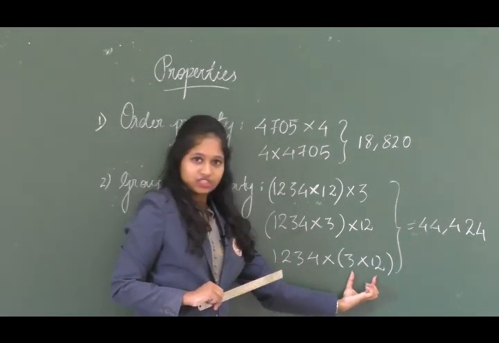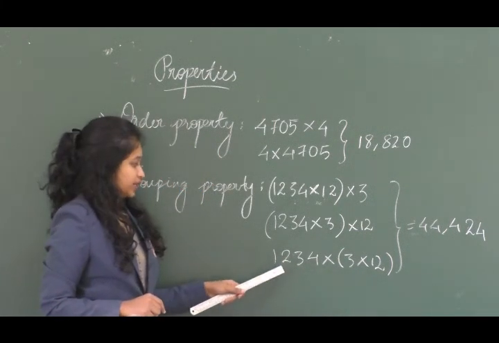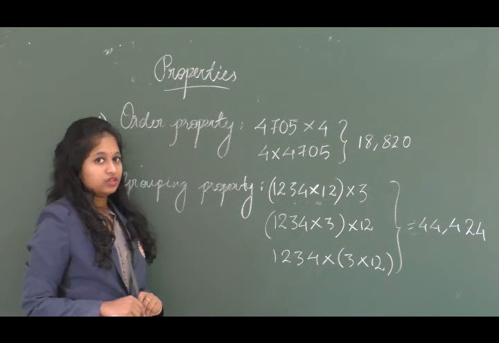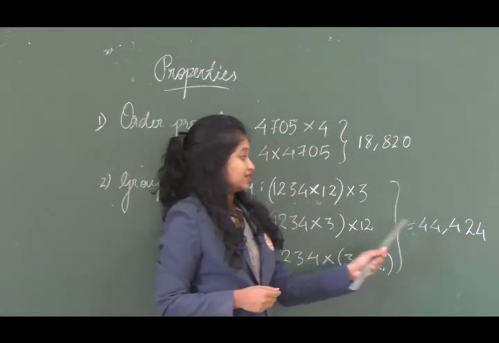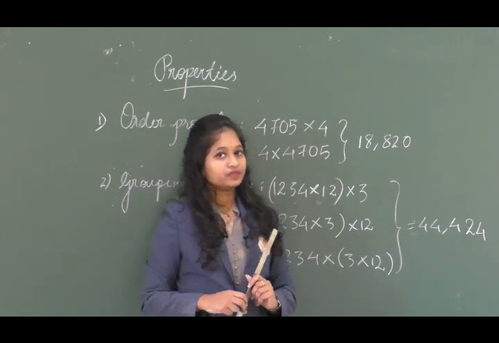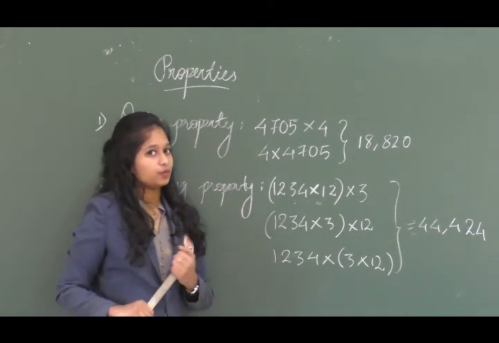First you multiply 3 and 12, and then with that product multiply 1,234. We get the same answer as 44,424. Now we have learned first 2 property.